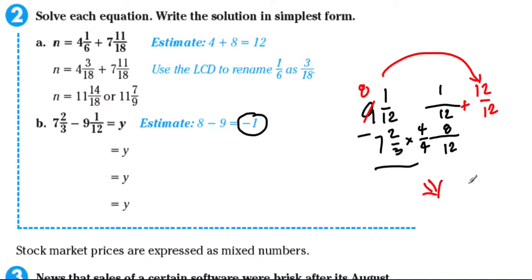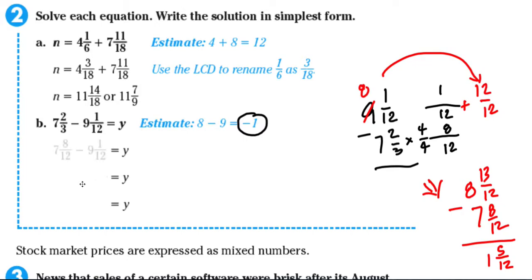we rename it to become 8 and 13 over 12 minus 7 and 8 over 12. Now we can subtract 8 from 13, that's a 5 over 12, and 8 minus 7 is 1. So the answer would be 1 and 5 over 12. And that's exactly what happens here.